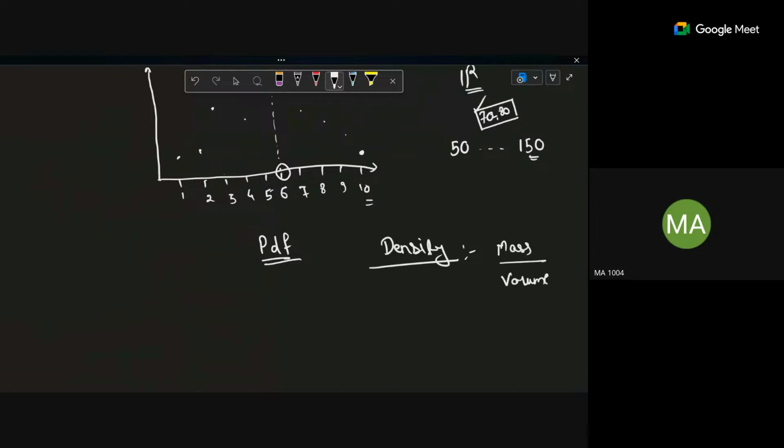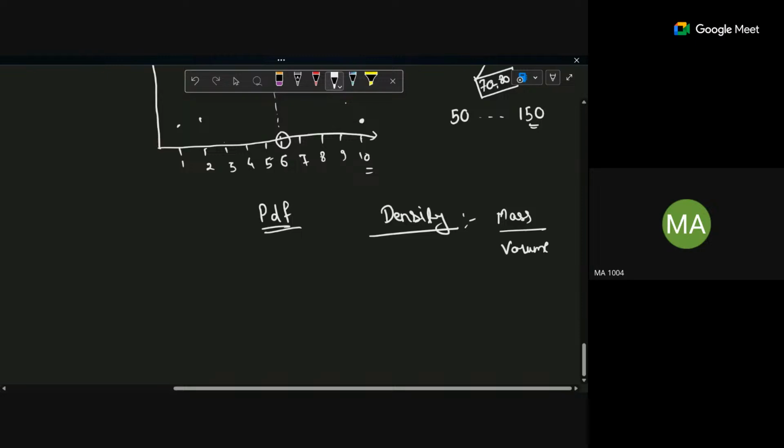Here, in this particular case, when we have a PDF, it is the amount of probability per unit length. Why am I using the word length here?